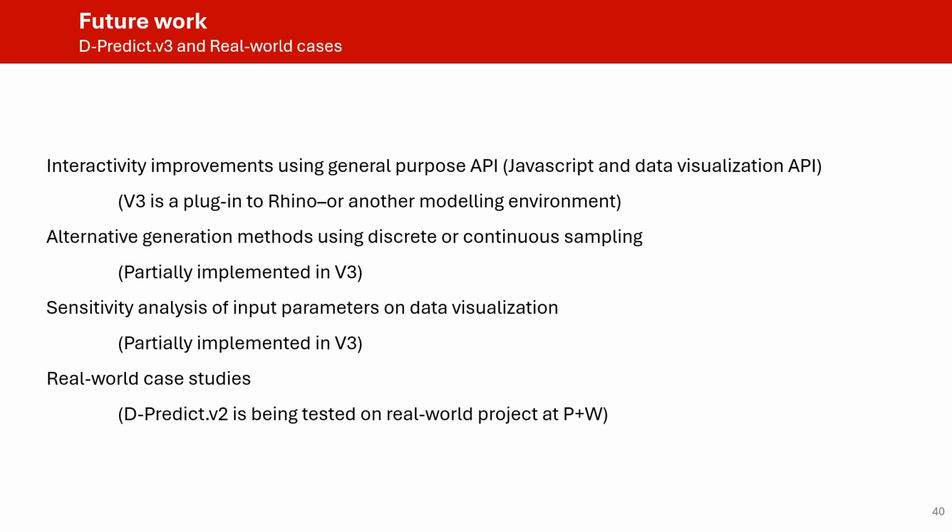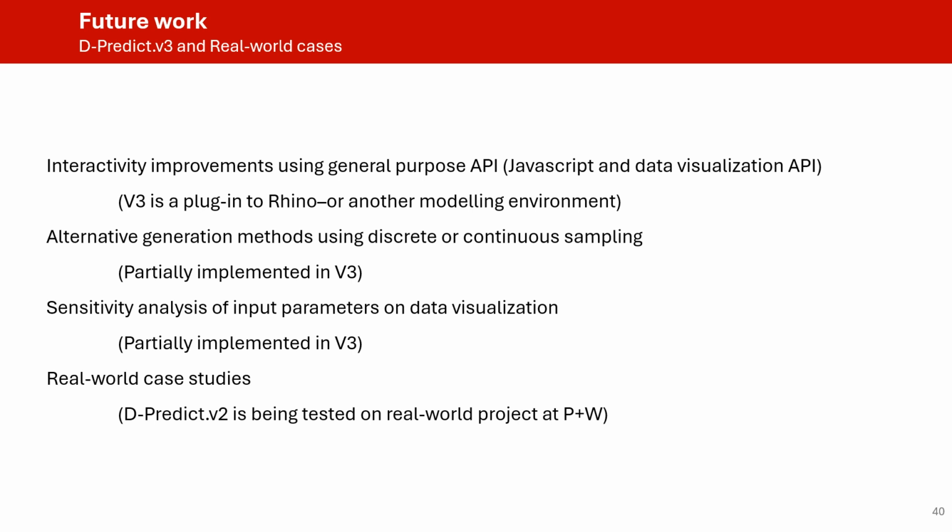In future, we will improve interactivity of design analytics interfaces using general purpose APIs. We implemented multiple alternative generation using discrete or continuous sampling in the next version of DPredict. Sensitivity analysis, which relies on multiple alternative generation, is also partially implemented in version 3.